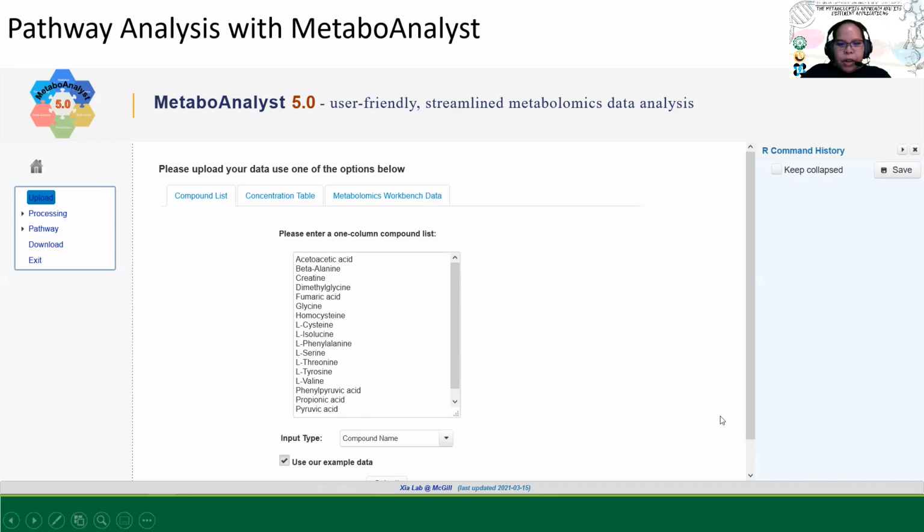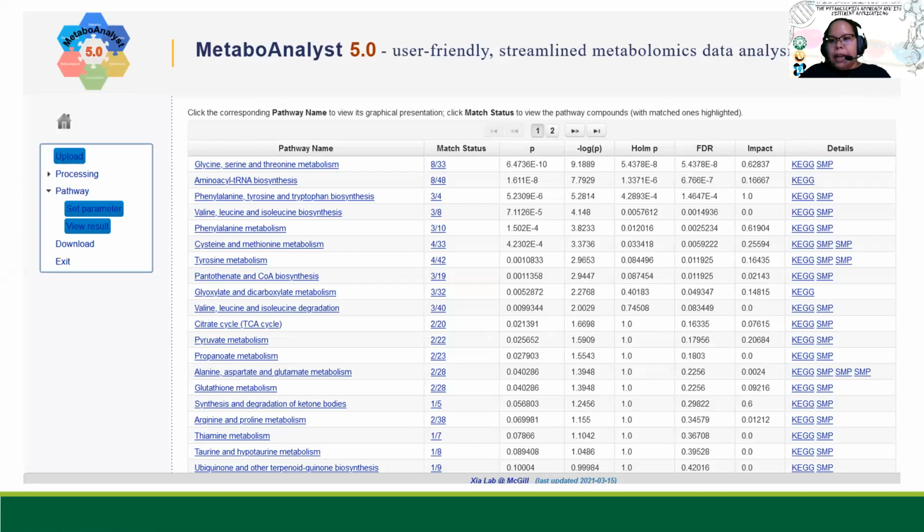And so from there, you'll be able to determine the significantly perturbed pathways based on the significance values, as well as the number of metabolites in your list that are in these particular metabolic pathways.